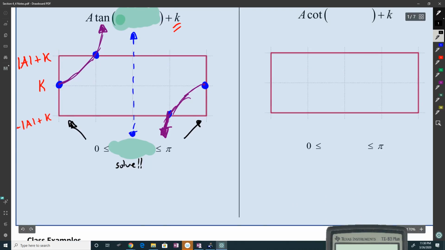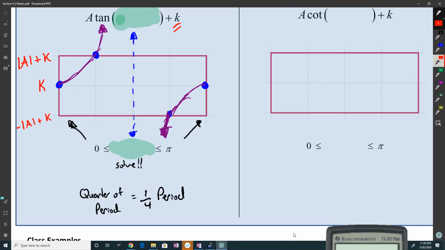And like before, a quarter is the same formula as before, just 1/4 times the period. One thing to notice is that for tangent and cotangent, this goes from 0 to pi, not 2 pi. So that's a big mistake that people tend to make. All right, so that's for that one.